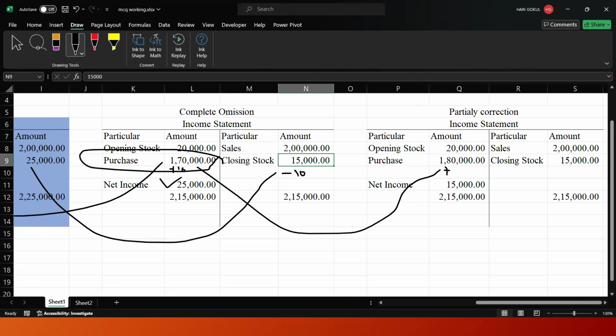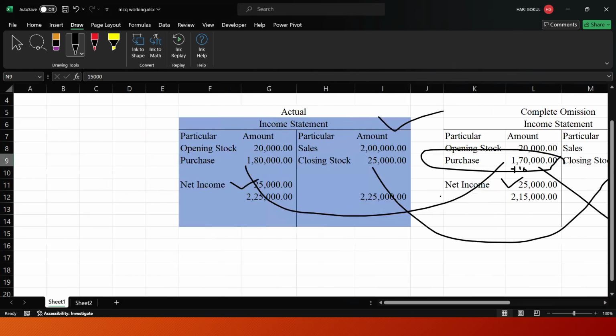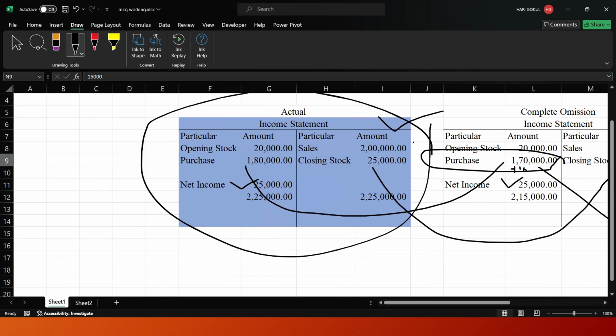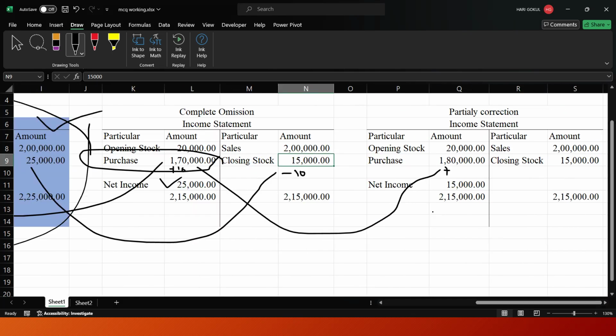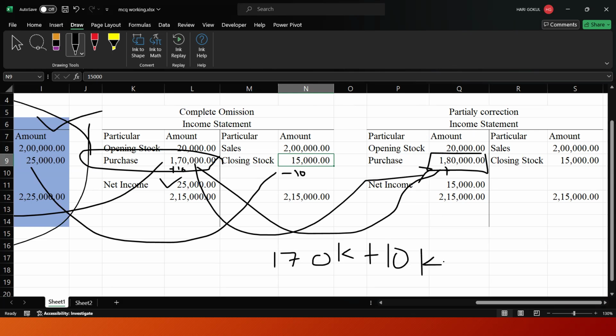If they had done the complete, the blue one would be the answer. Obviously, there won't be any changes, but they are assessing what will happen if they had made only the adjustment to the purchase. So in this situation, the 1,80,000 is nothing but the 1,70,000 plus 10,000.